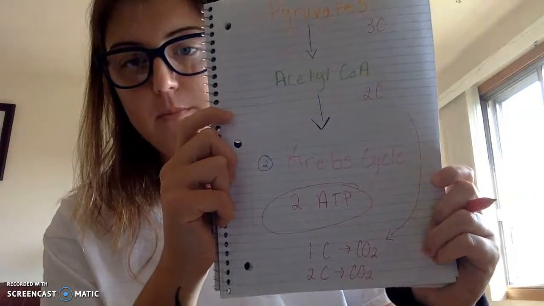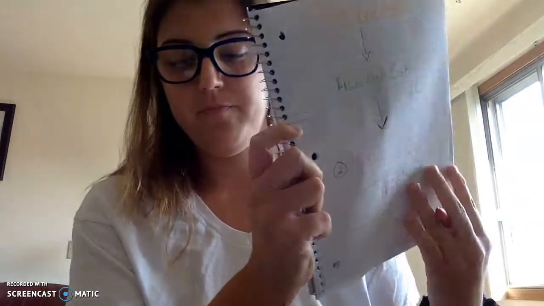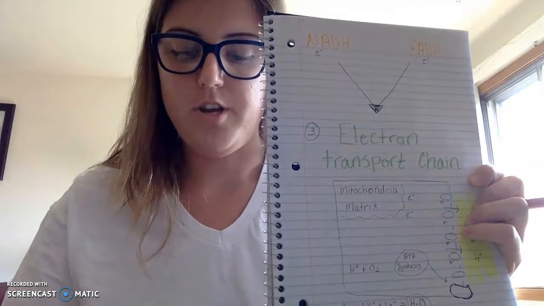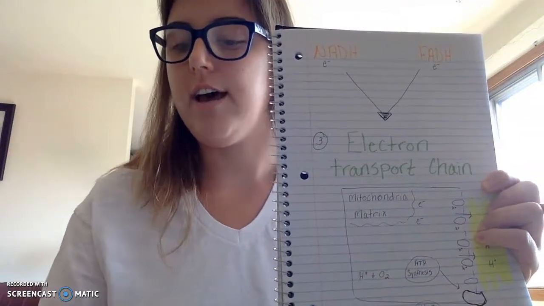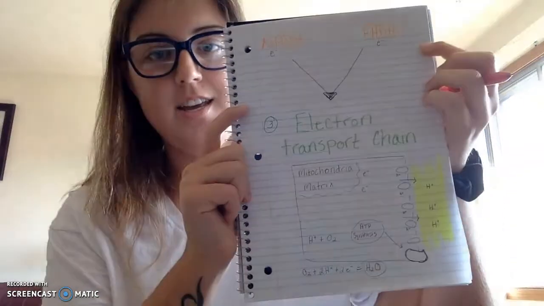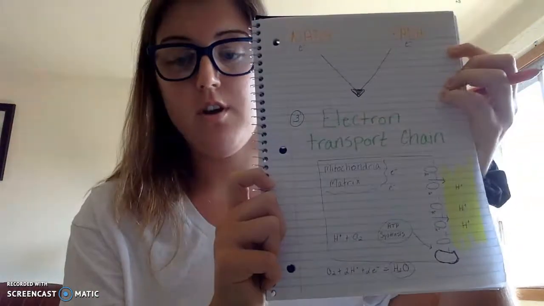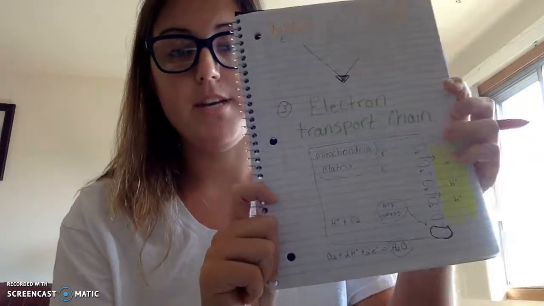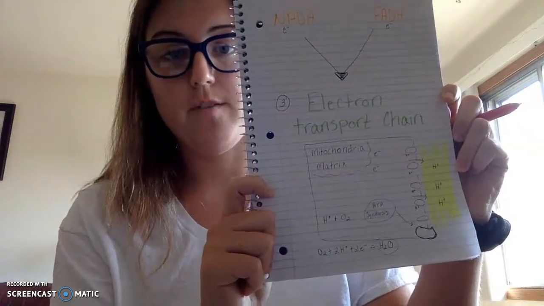There we go, 2 ATP are made from that Krebs cycle. So far throughout this process, high energy electrons have been given to NAD and FAD from the glucose. So then the third and final step is the electron transport chain.